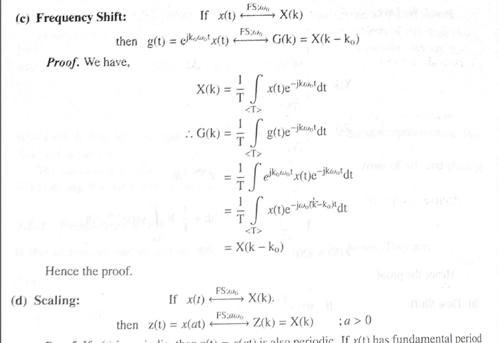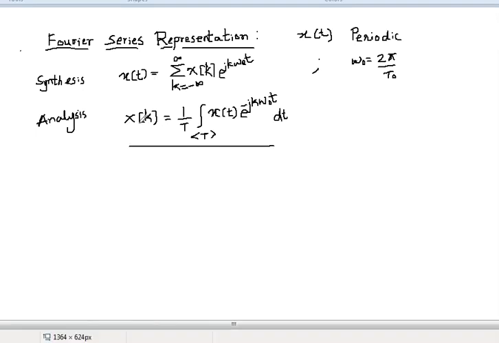and this one minus k naught. If I write minus k naught, when we expand it is the same term, minus of minus would be plus, and this t. So in the bracket k minus k naught will come, by including this term with this exponential into dt. So this is nothing but x of t. So in the analysis equation, this x of k is nothing but x of t e raised to minus j k omega naught t.